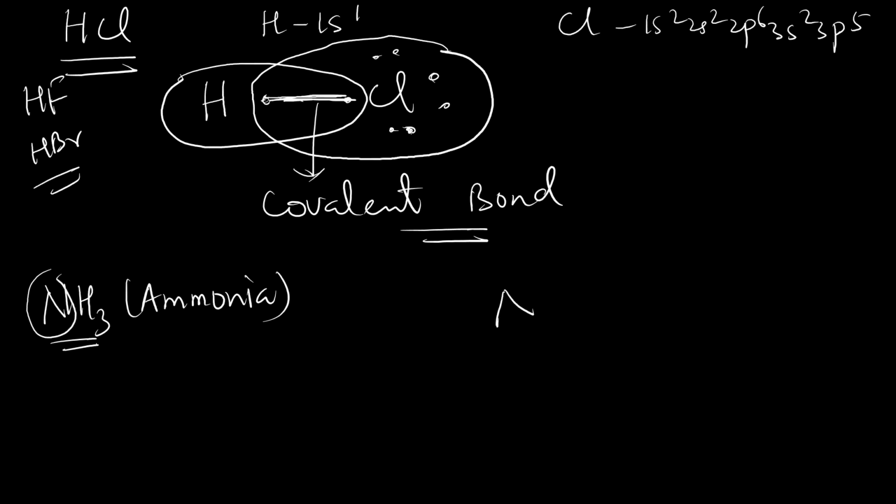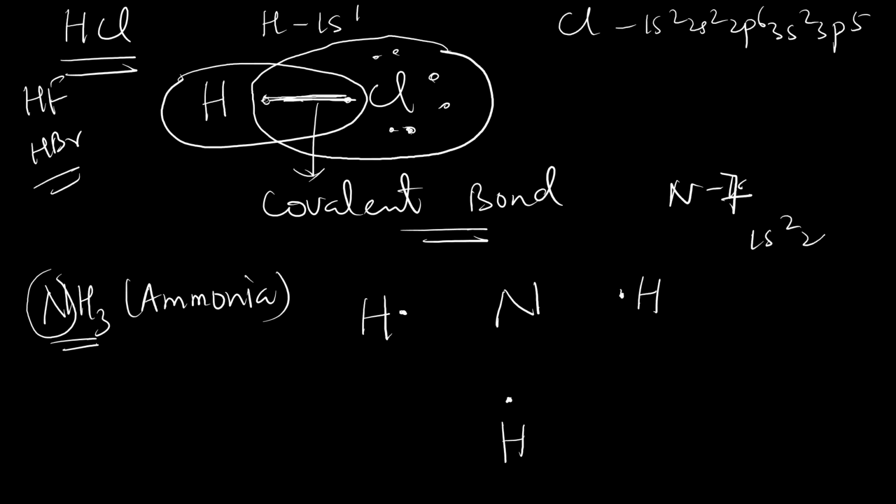We always write the central atom first, because there is only one nitrogen and three hydrogen. So nitrogen is surrounded by three hydrogen. First we will write the valence electron for each hydrogen, and for nitrogen the atomic number is 7.